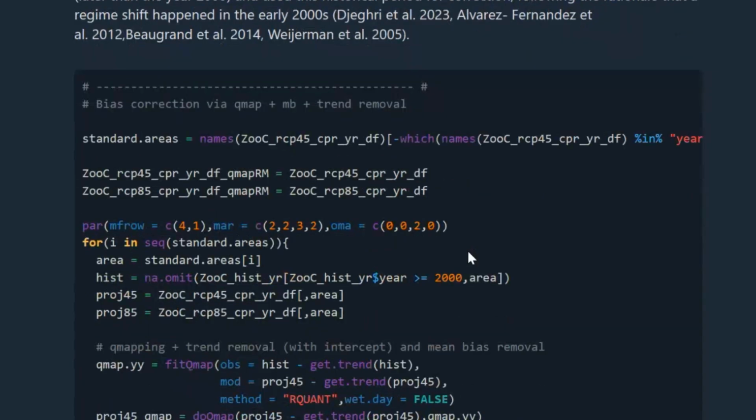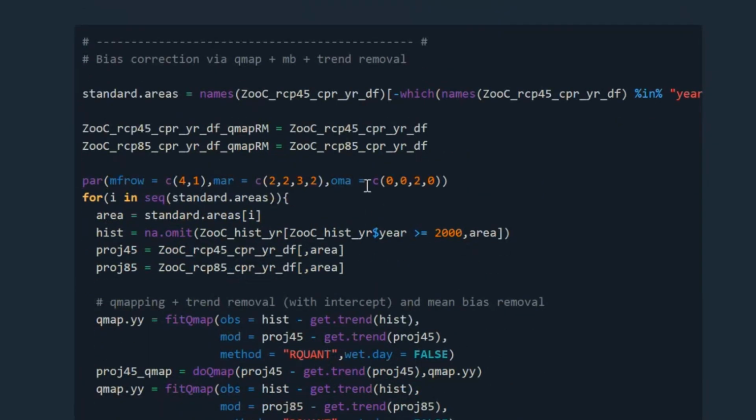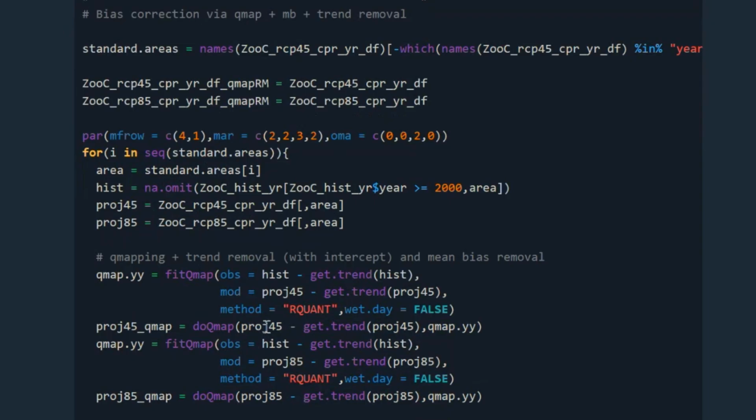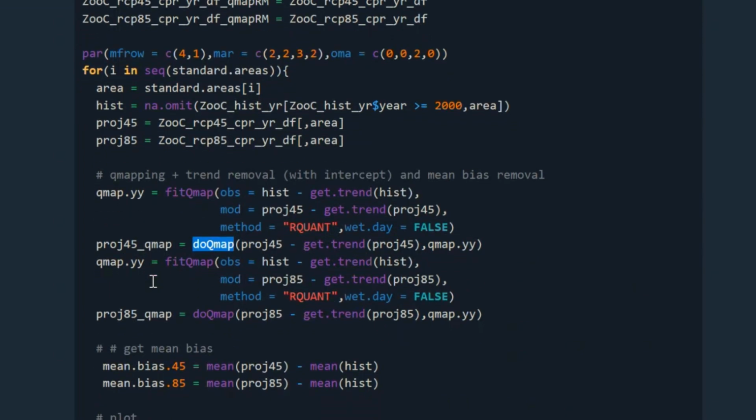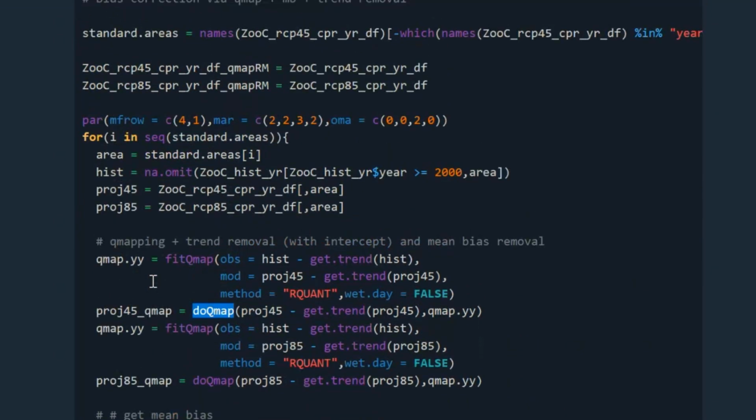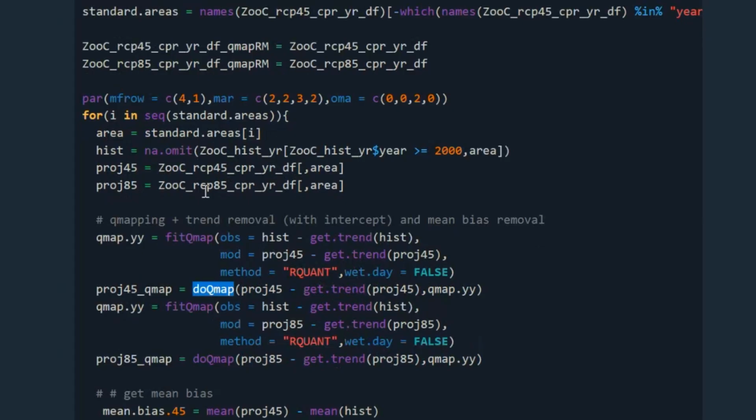And therefore, we do the quantile mapping, where here I do not use the wrapper function, which does the quantile mapping per grid point, but I use the original functions coming out of the QMap package, fit QMap and do QMap. And there, I do again the quantile mapping with all the steps involved.